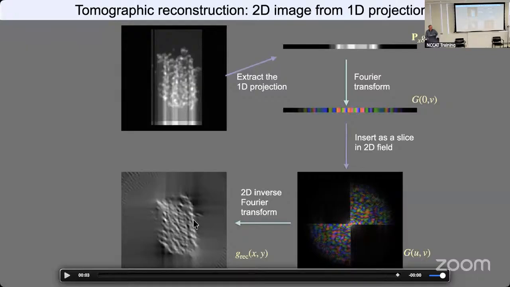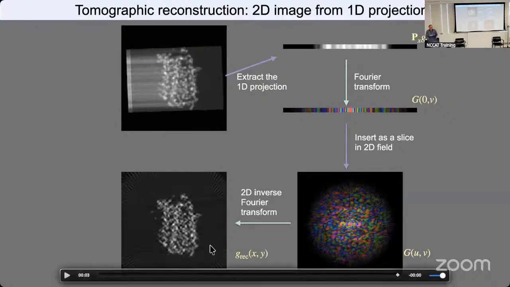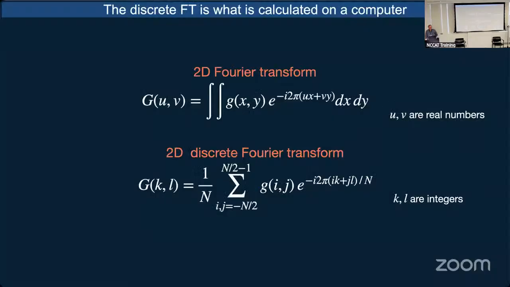So here we've filled in half of the slices, and you can see that we've done a so-so reconstruction of the original object. It's anisotropic. There's higher resolution in this direction than in that direction. But if I then fill in the entire Fourier plane, I get a pretty good reconstruction of the original thing. So use these 1D projections to fill in the two-dimensional thing. And you can do the same thing in 3D.